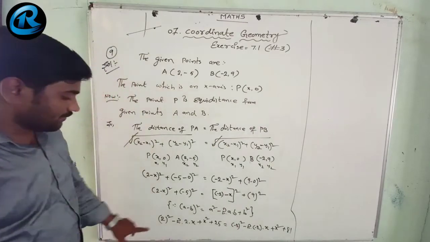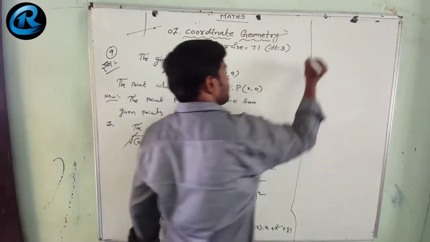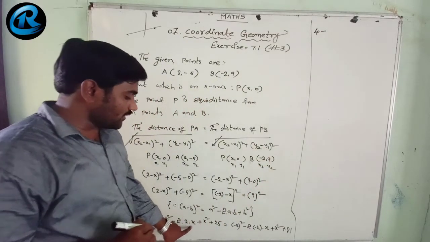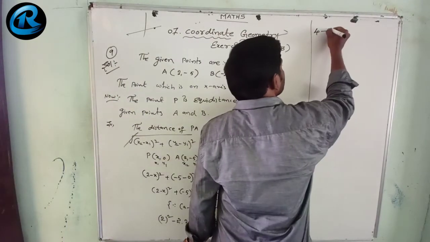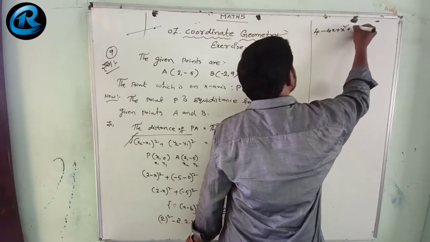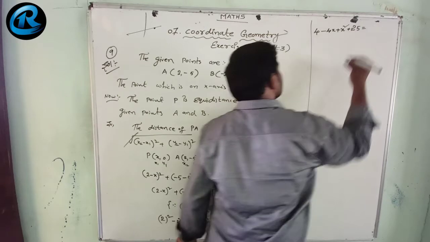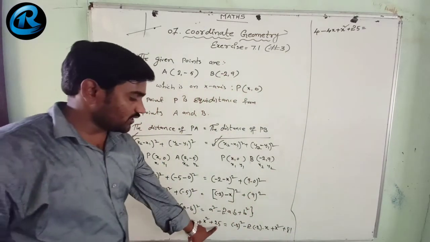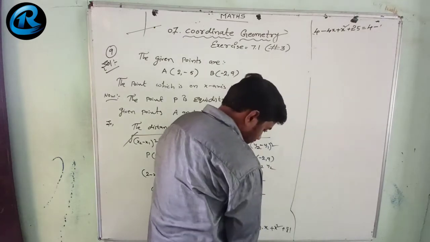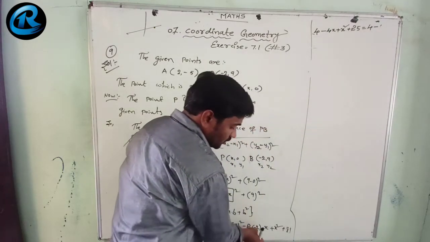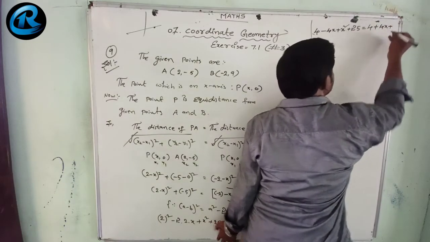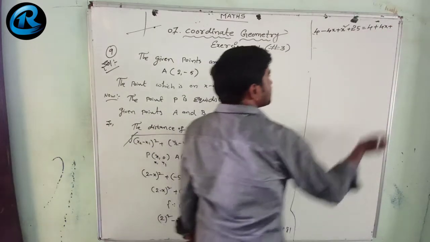Let us simplify again. 2 square value is 4, minus 2 into 2 into x, that is 4x, plus x square plus 25. On the right, minus 2 whole square is 4, and minus into minus gives plus, 2 into 2 into x, so plus 4x, plus x square plus 81.